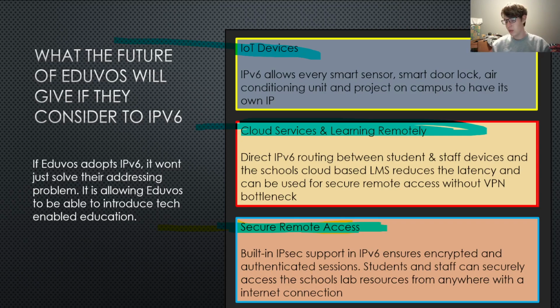The direct IPv6 routing between student and staff devices and the school's cloud-based learning management system, LMS, I think that's what it stands for, will have reduced latency compared to trying to do some magical stuff with IPv4 for this. And it can be used for secure remote access without VPN bottlenecks. Thank you for listening to my horrible presentation about IPv4 and IPv6.